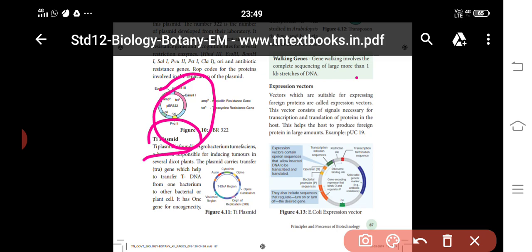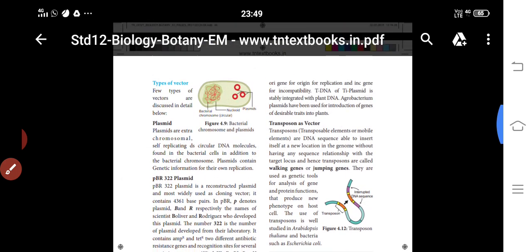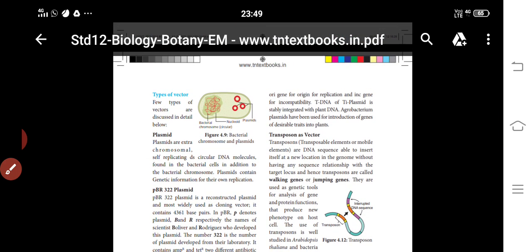So the ori gene is for replication. The Ti plasmid's T-DNA is stably integrated with the plant DNA.